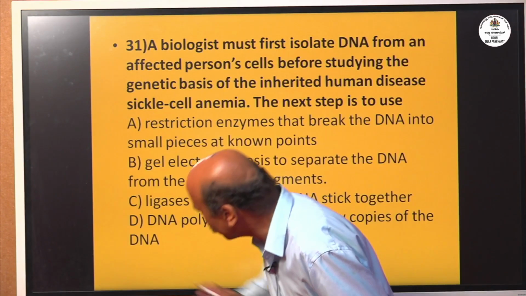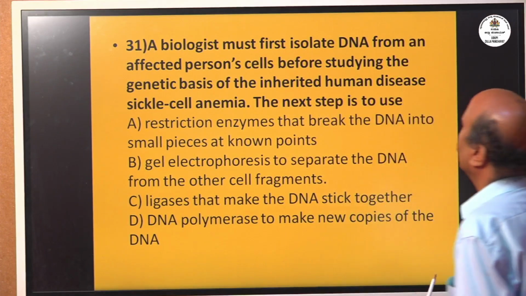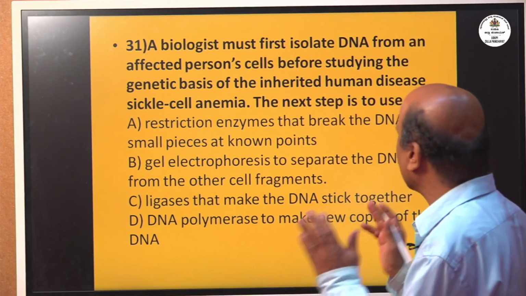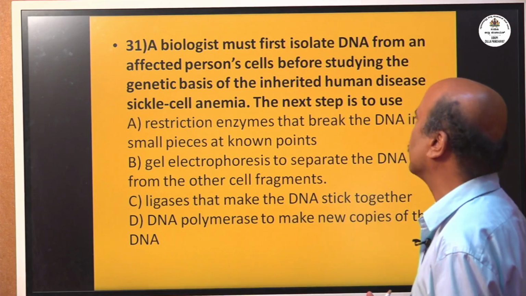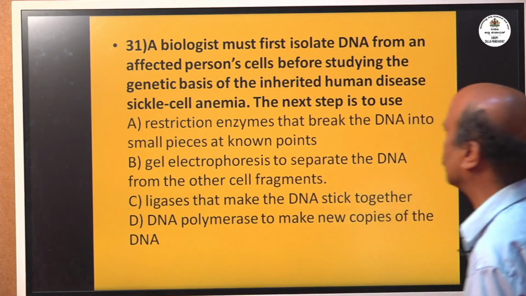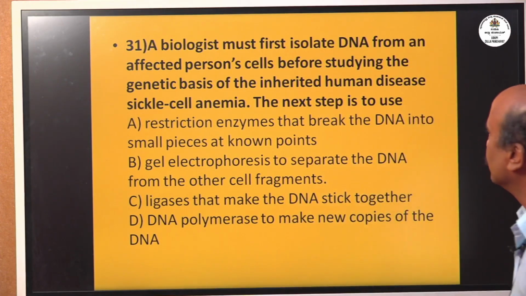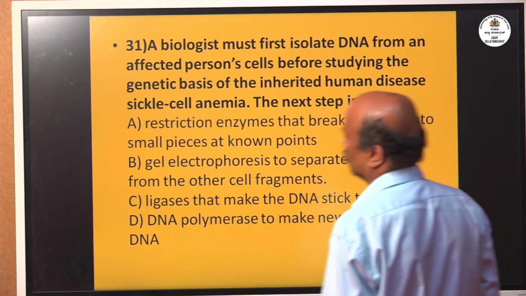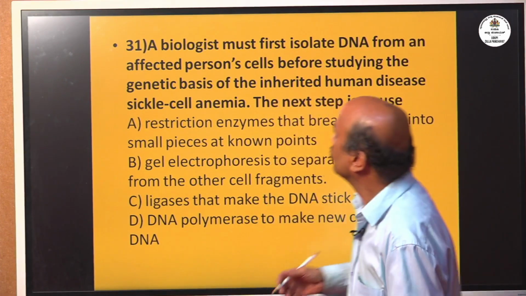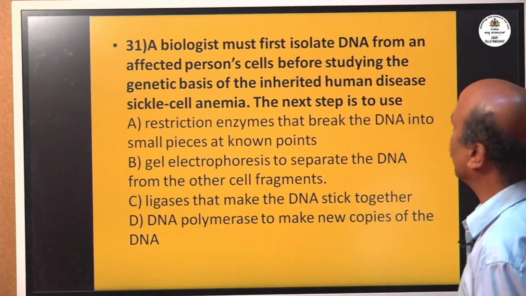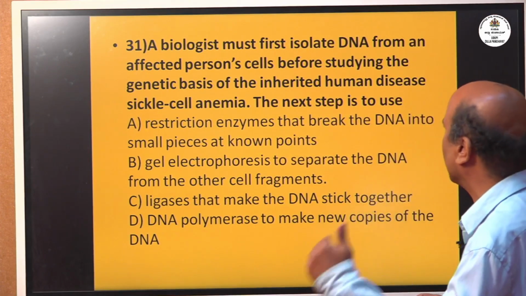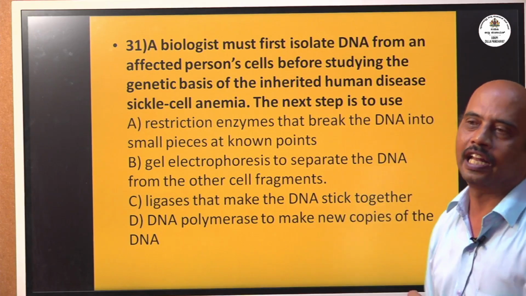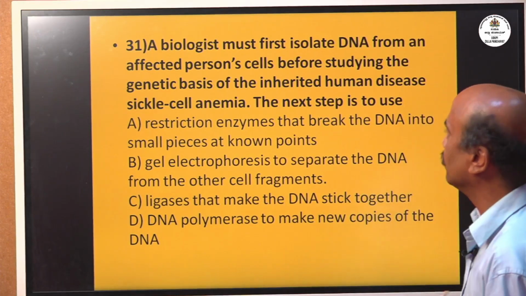Then we move on to next question. A biologist must first isolate DNA from an affected person's cell before studying the genetic basis of the inherited human disease, sickle cell anemia. The next step is, see here. What is the next step?